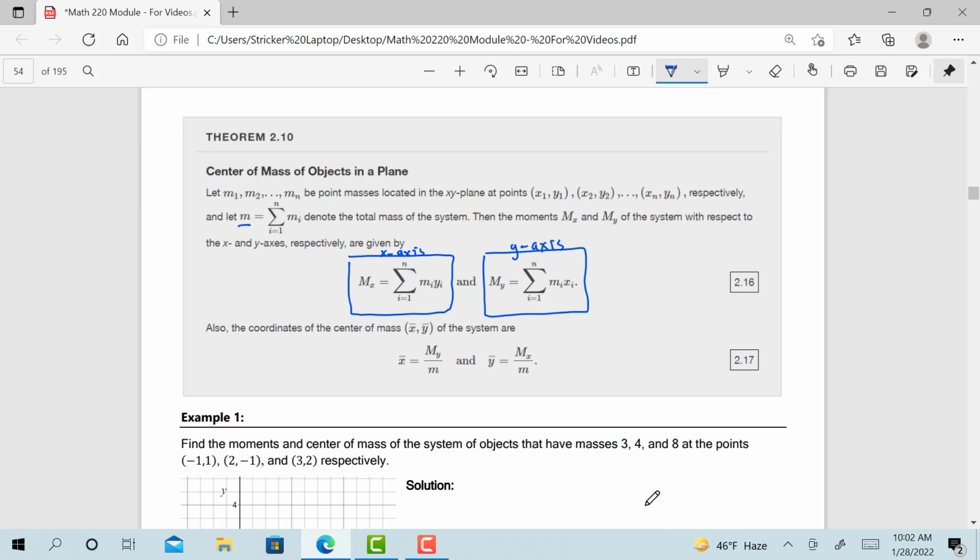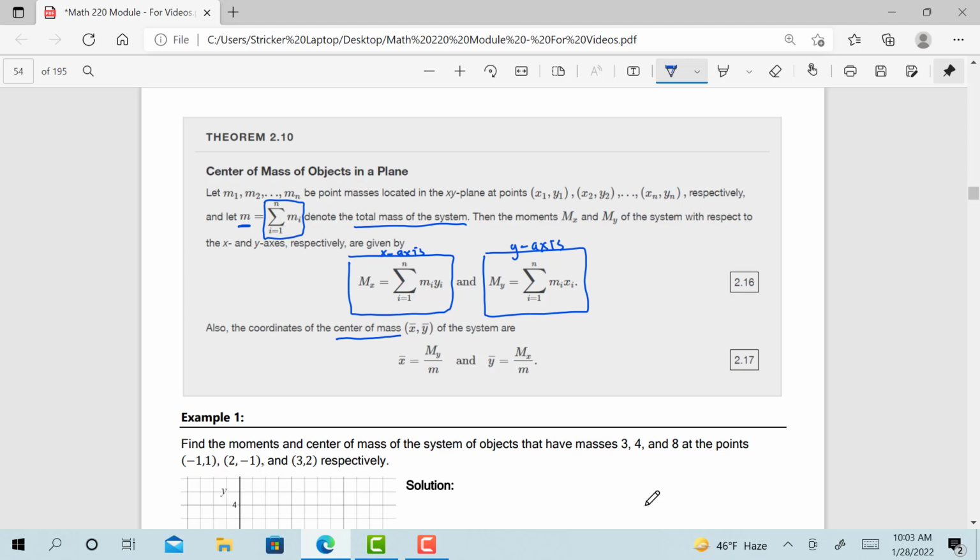Note that M is the total mass of the system, which is what we get when we add all the masses together. The center of mass, usually written x bar comma y bar, is a point. The x bar is found by taking the total moment about the y-axis and dividing it by the mass of the system. Likewise, the y bar is found by taking the total moment about the x-axis and dividing by the mass of the system.